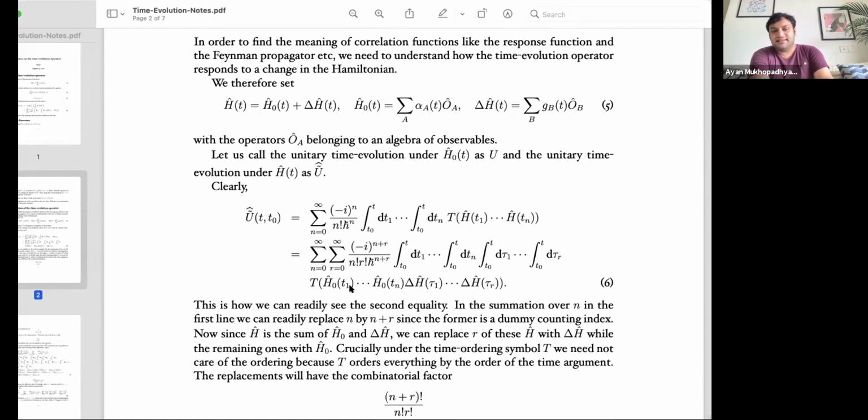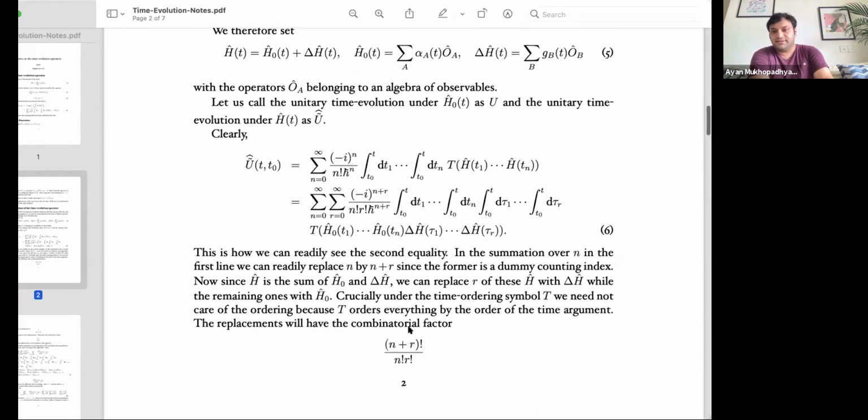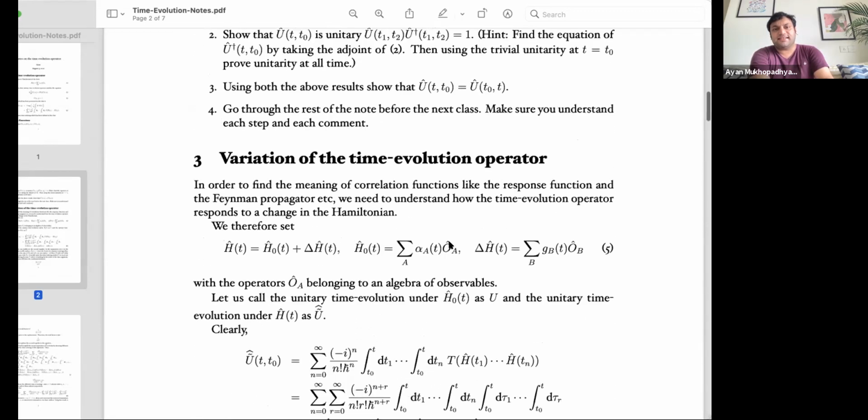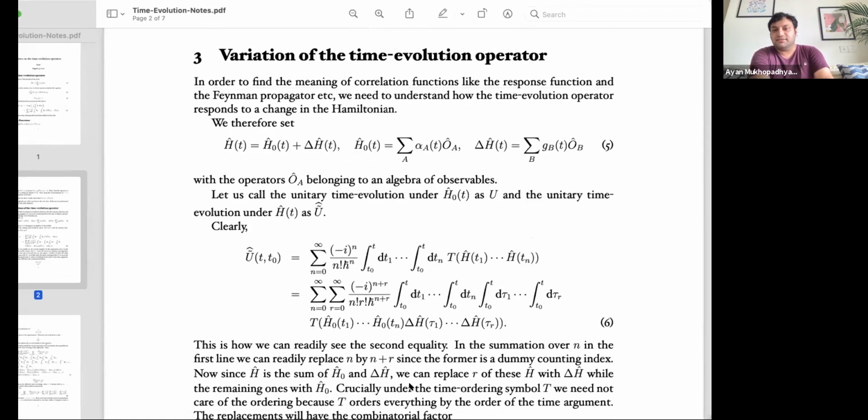When I take this to the power n, I have to use the binomial factor, n plus r factorial by n factorial r factorial, as in a plus b to the power n, where part of this would be H naught and part of this would be delta H. But I don't need to take care of the orderings here because time ordering is going to order them anyway. It's not exactly the same as what I did before, but very similar.